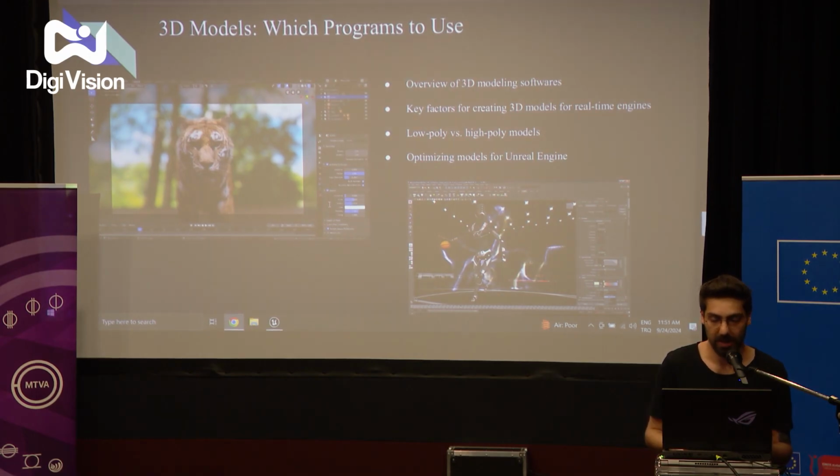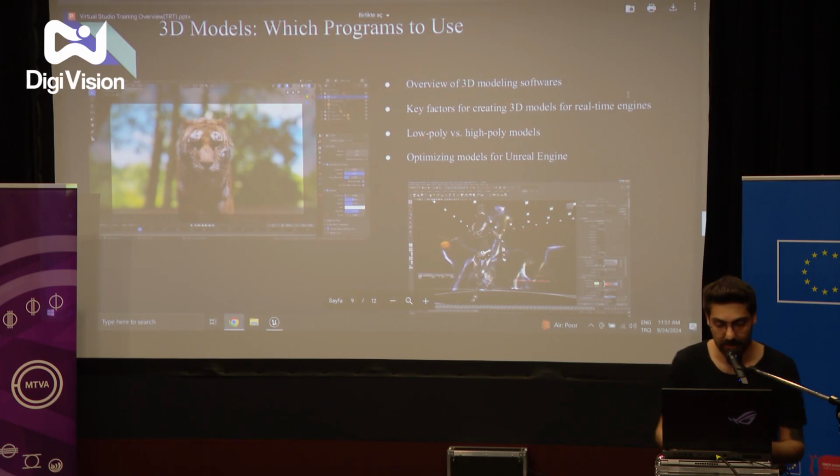Also, there are some additional 3D modeling software to check out on the web. We will go over the 3D modeling software in the following sessions, and we will talk about how to create 3D models for real-time engines. Like, they need to be low poly.